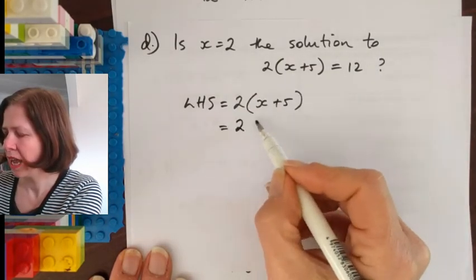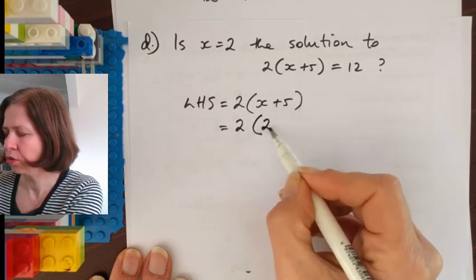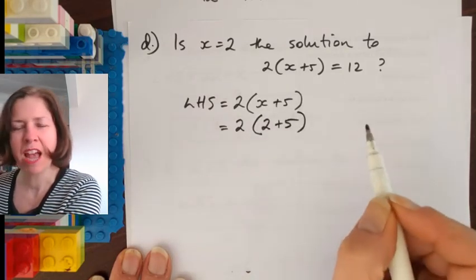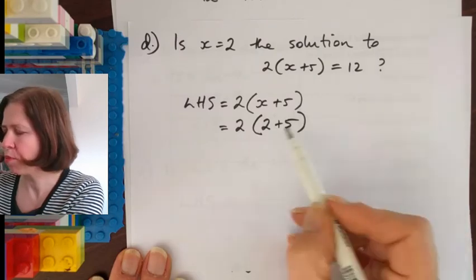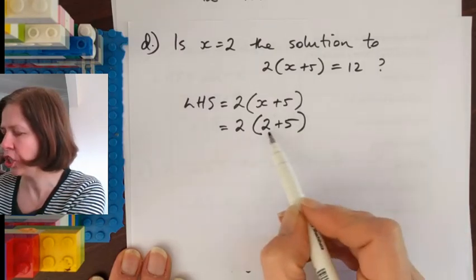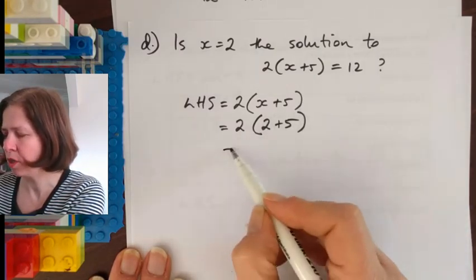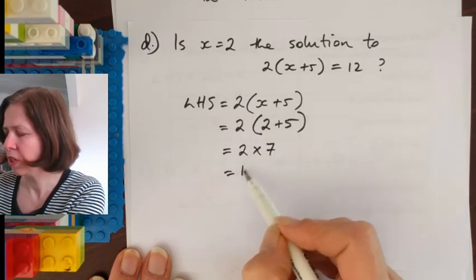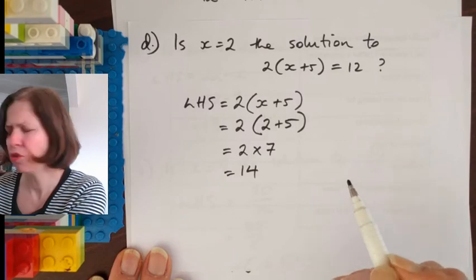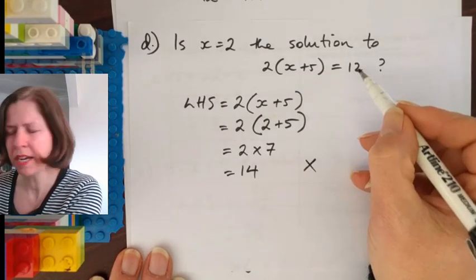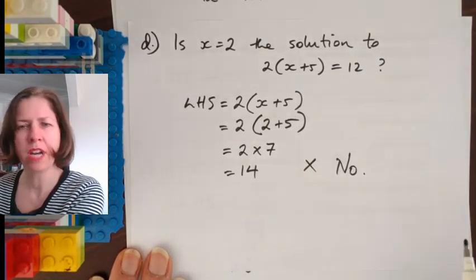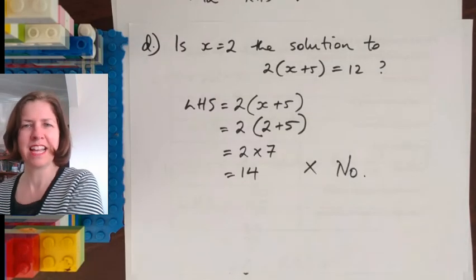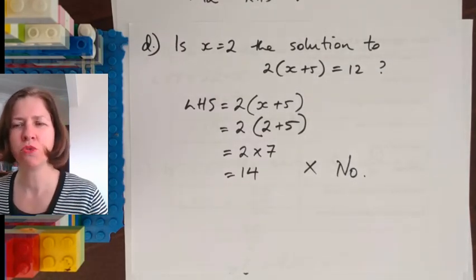So 2 times, instead of x, I write 2 plus 5. And then I have to remember my order of operations, brackets first. So I have to do this addition inside the brackets first. So 2 times 7, which is 14. So no, it doesn't equal the right-hand side. No, not a solution. Okay, that's the end of our introduction to equations.